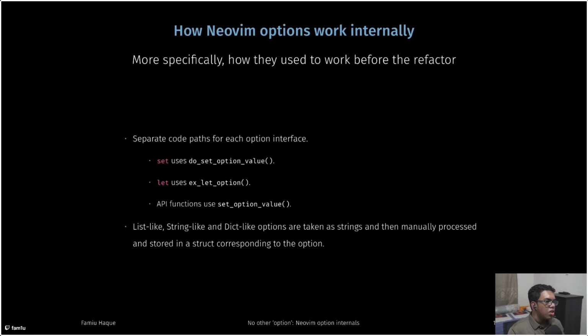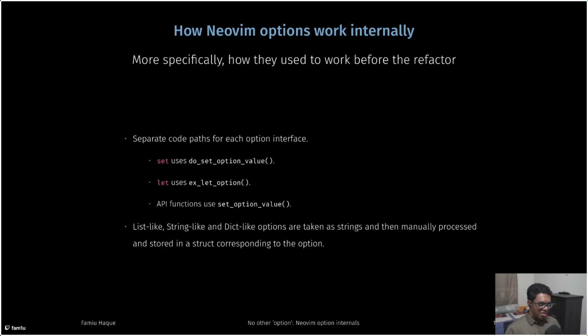Anyway, more stuff on options. We have separate code paths for each option interface because why shouldn't we? We need more code, right? More code is better code, right? Anyway, so set uses do set option value. This is what set uses. So this is a function that sets an option value. Let uses xlet option that also sets an option value.